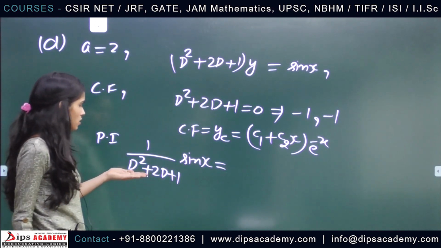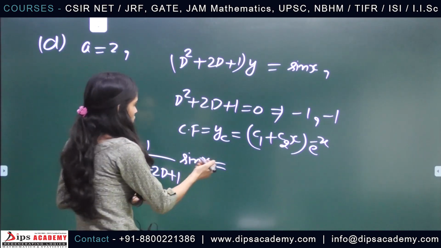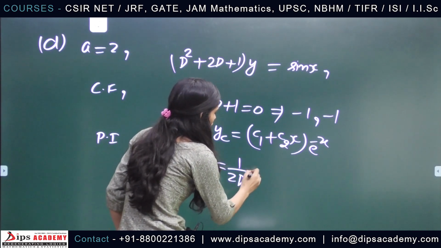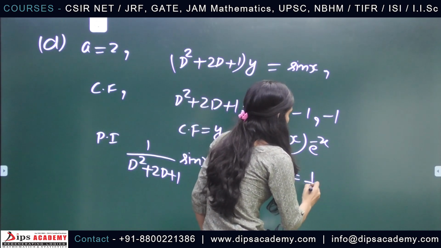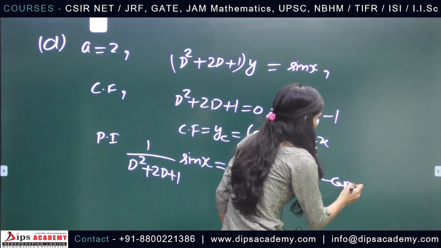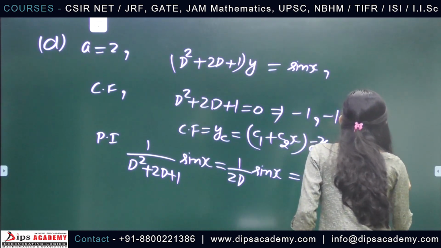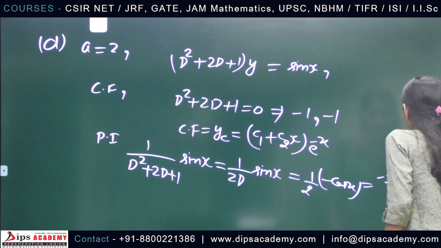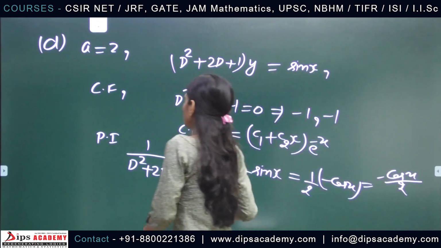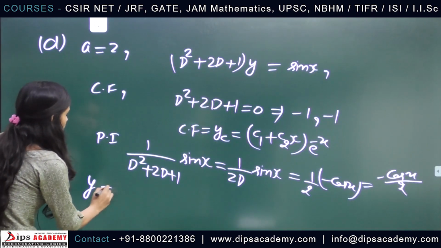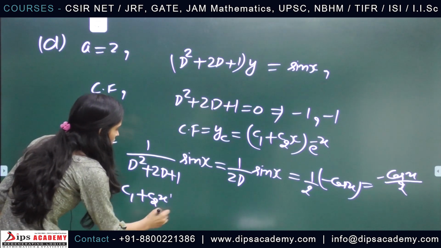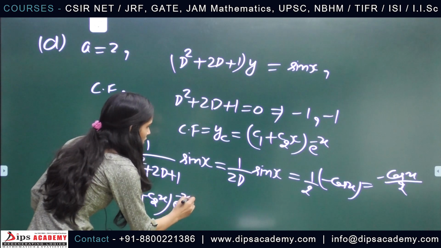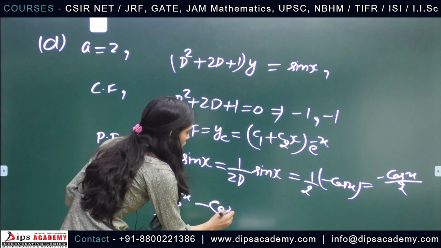Again replacing d square by minus 1, this will be 1 over 2d sin x, which is 1 over 2 into minus cos x, so the particular integral is minus cos x by 2. So y will be equal to c1 plus c2 x into e raised to the power minus x, minus cos x by 2.